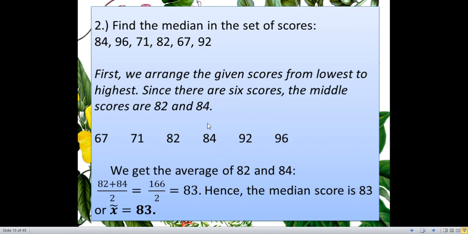And we get the average. When we say get the average, that means we need to add these two and divide by 2. So we have 82 plus 84 equals 166, divided by 2 will give us 83. Therefore, the median score is 83. Or this is how you write it in symbol.